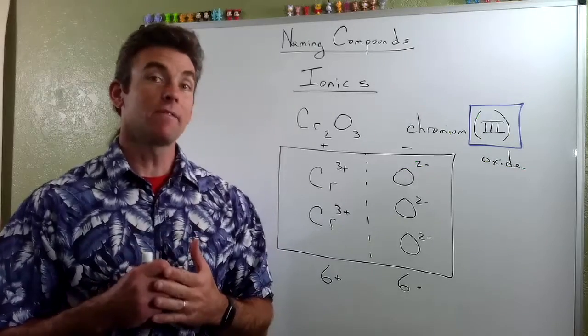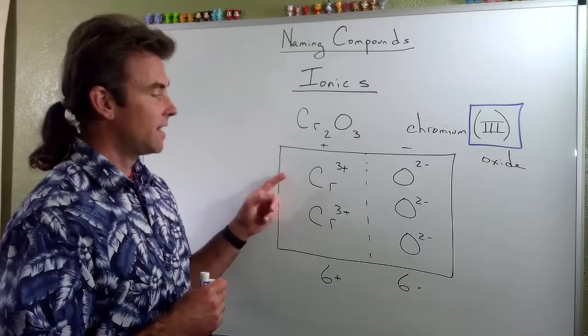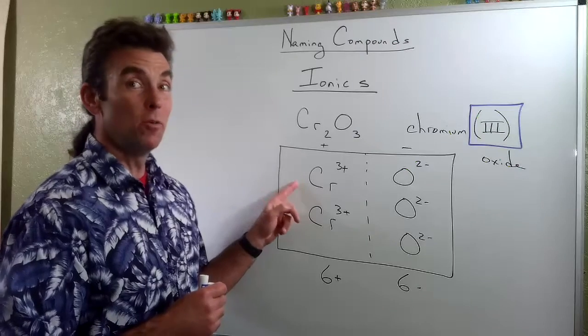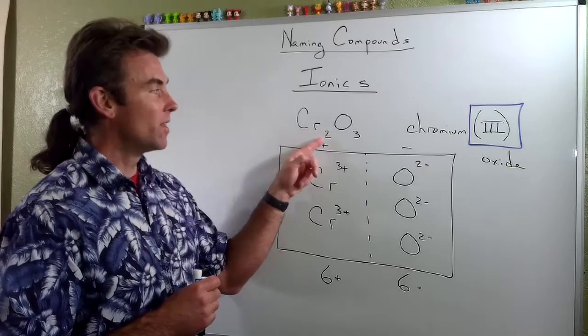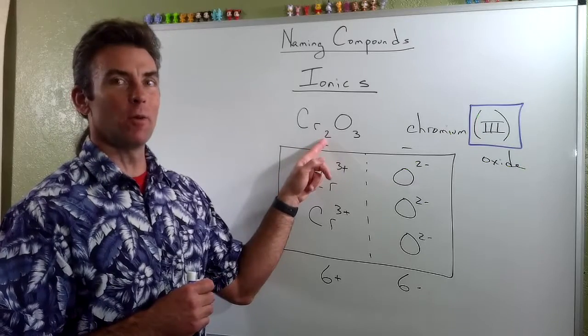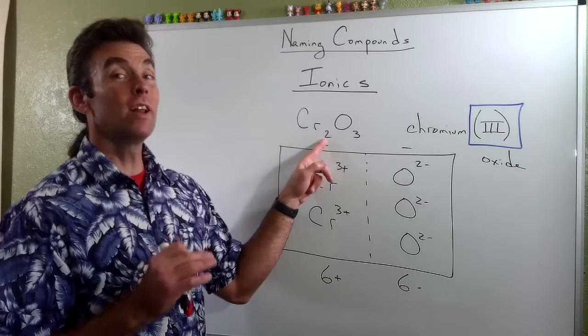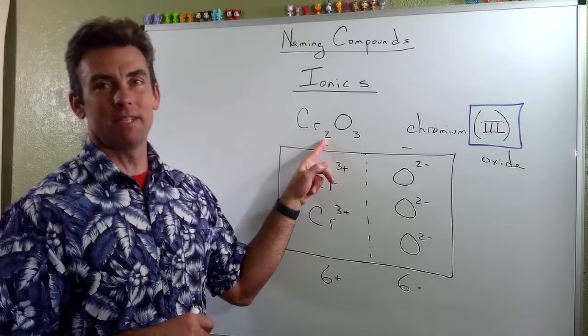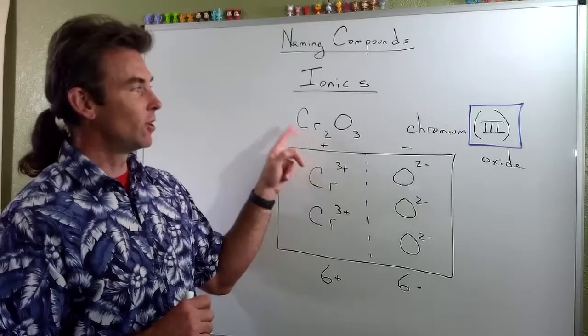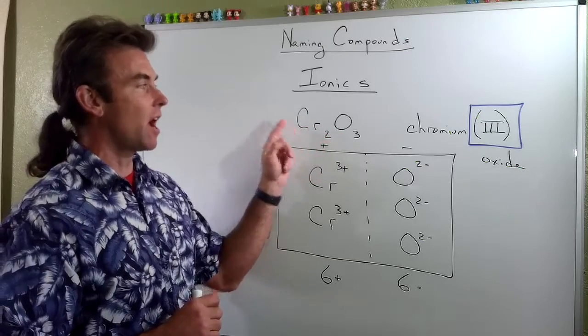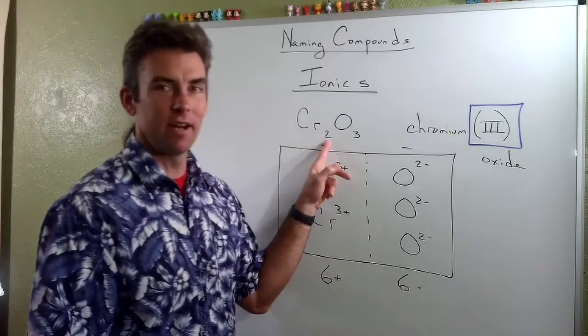The thing that we have to do is to recognize that the Roman numeral in the name has nothing to do with the numbers that you see in the formula here. A really, really common mistake that you're going to make, I promise you, everybody makes it, is to look at a name like this and just say, oh, it's chromium 2 oxide, right? It's not.